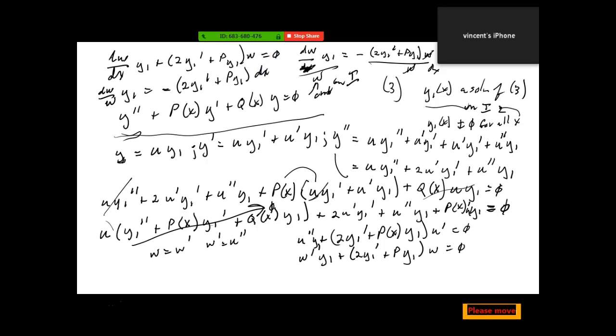And I don't know what to do with the y1s here. They divided them. Okay. They also divided out the y1s. So this will be over y1. This will wipe out the y1. Okay. So this will be over y1. This will be y1. And this wipes out the y1.